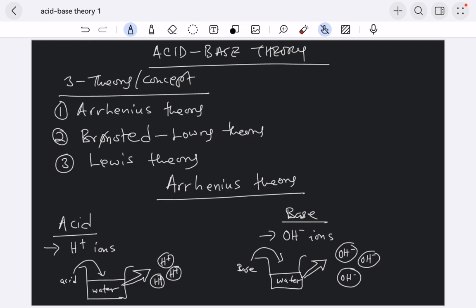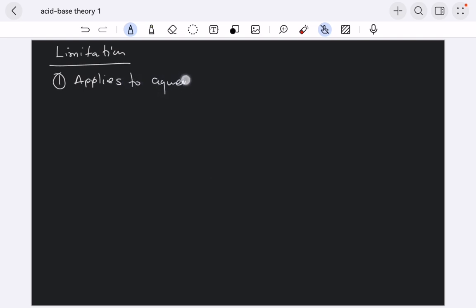Then this theory comes with limitations. So one of the limitations that comes with the Arrhenius theory is that, first of all, it only applies to aqueous solution.